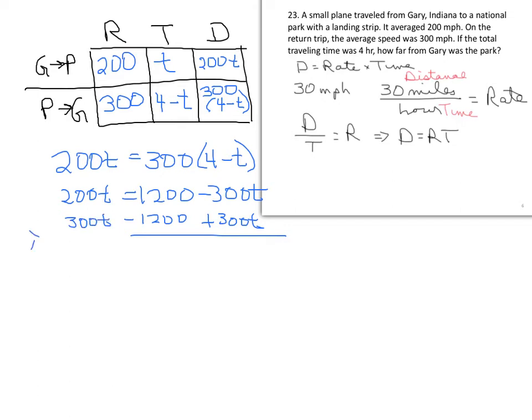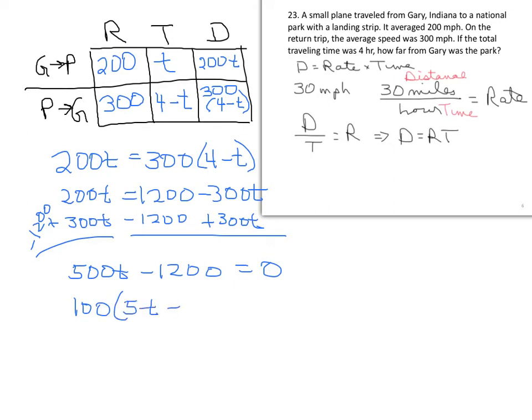And I didn't leave myself enough room. So on the left we're going to have 500t minus 1200, and on the right we're going to have 0. So we can pull out the common factor 100 and we get 100 times 5t minus 12 equals 0.